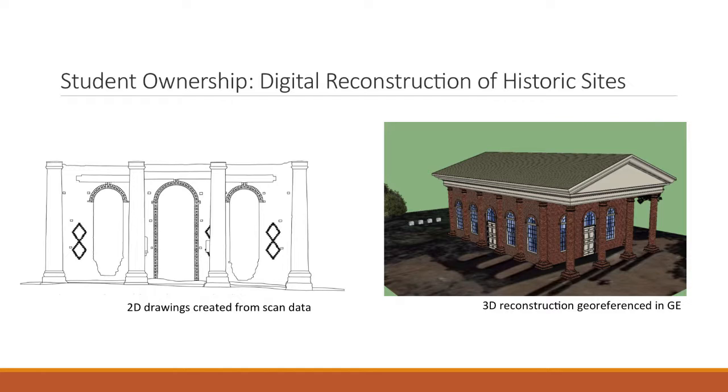But in terms of student ownership, they're responsible for coming up with and being able to defend this interpretation. I guided them by providing suggestions of period churches that they should go out and take a look at as they're making these design decisions. But for any alterations or architectural features they take from different churches, they need to be able to defend why they incorporated them at this structure.